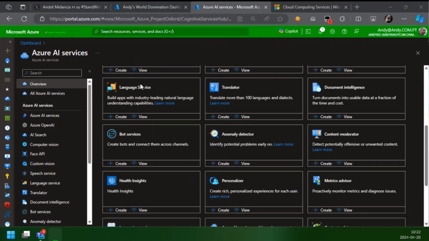Language service might not be as interesting for you. That just recognizes the texts. So for that, you could use things like OpenAI, but for different reasons, not as interesting for disability. But if you want to have a bot to interact with you, like you now have the co-pilots, and actually create an intelligent system that interacts with you and describes images in a more intelligent way, that's the way to do it, with either language service or the OpenAI service, and actually mix it with the computer vision to have better descriptions of images.